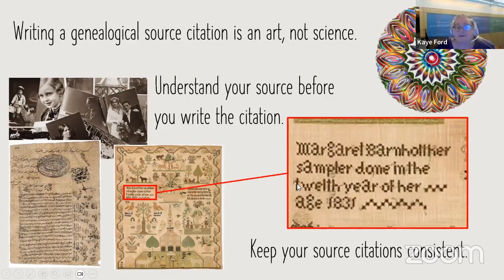You can find out the estimated birth year of Margaret Barnholt because she created this sampler when she was 12 years old in 1831. And also, it helps to keep your source citations consistent.